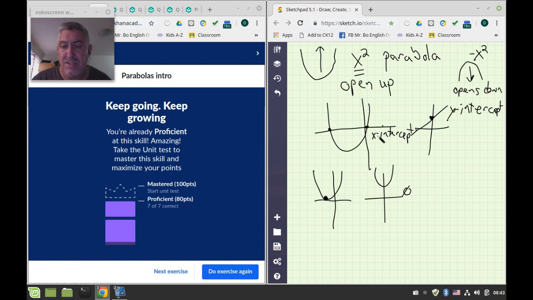So that's three ways to look at it. So we have our x-intercept, we have opening up, we have opening down, and we have parabola.